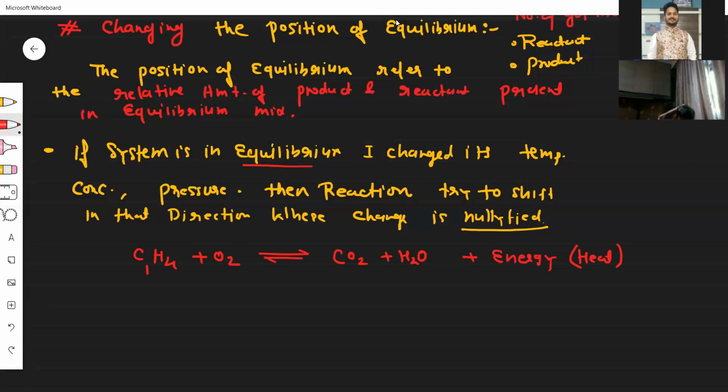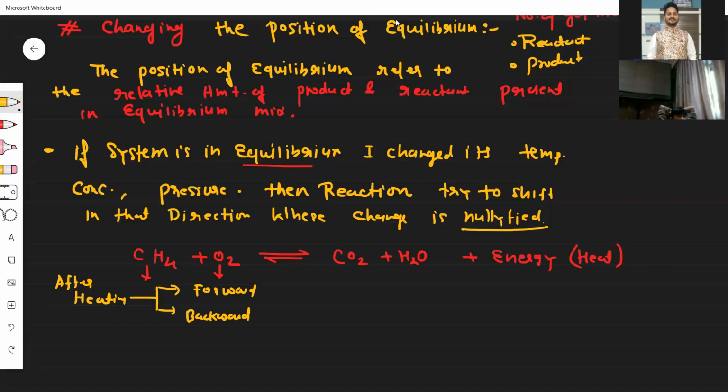Methane, oxygen. Now, if I heat this reaction, what is going to happen? Is it going to go forward or backward? We just need to check it. Why it will go forward and how, we'll see one by one.